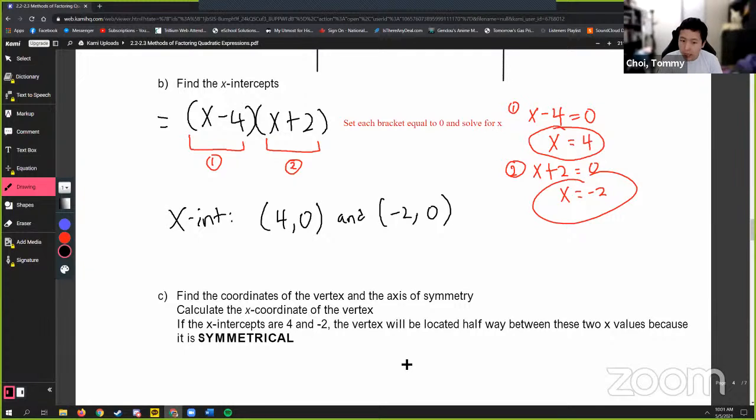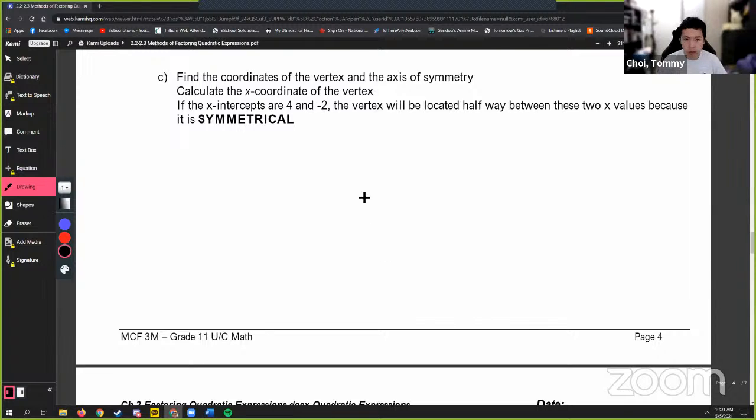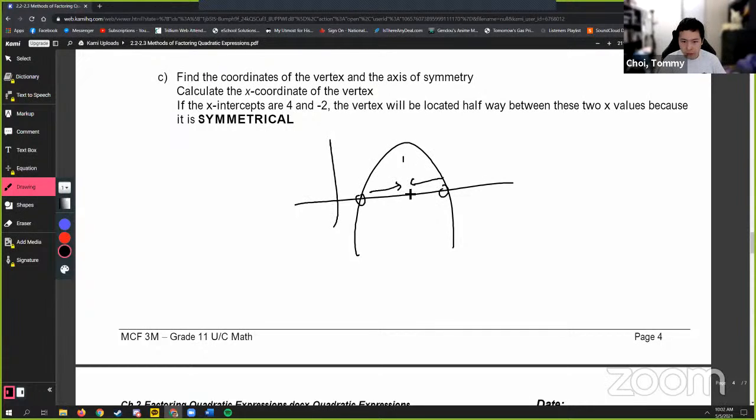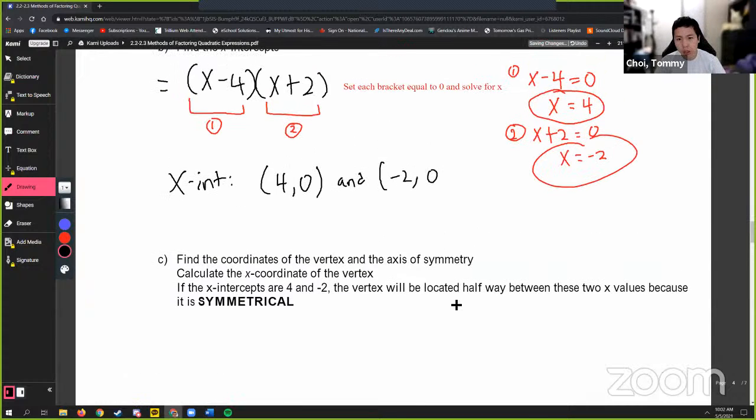If that's the case, the x-intercepts should be symmetrical, which means at the middle of the x-intercepts should be your vertex. Does that make sense? Because it's symmetrical, exactly where the middle of the x-intercepts are should be where the vertex x value is. So we're going to use that to our advantage here.